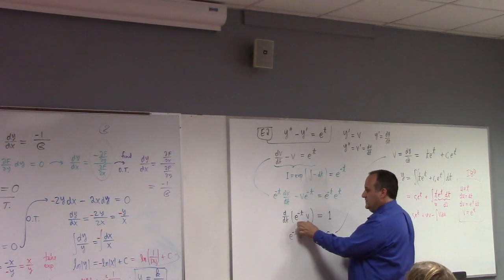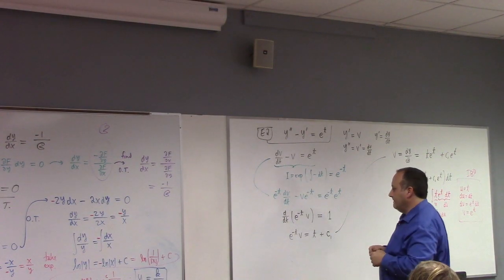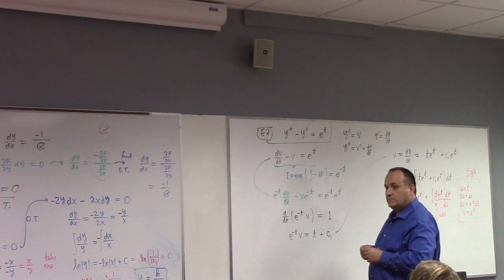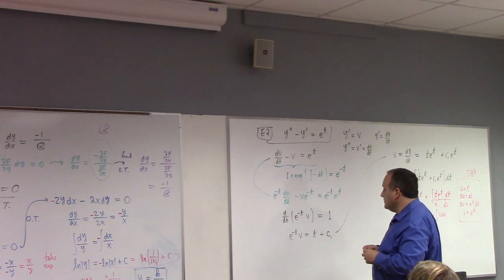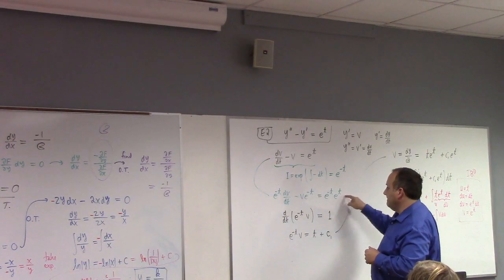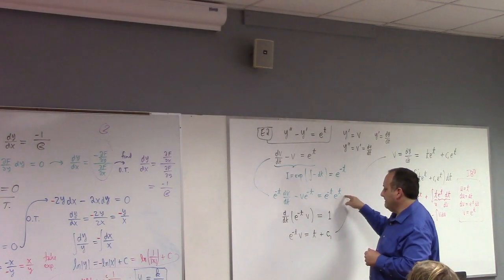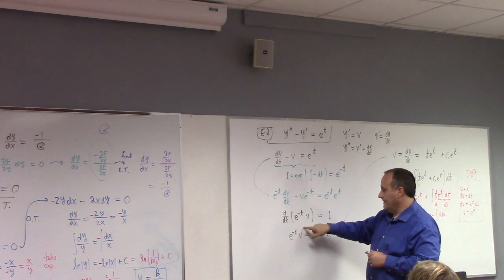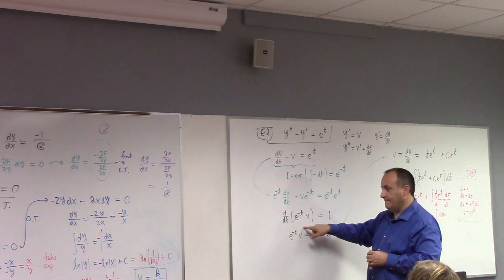So differentiate this. Because I see on the left side the blue line, you turn that into negative e to the t dv/dt, you turn that into negative e to the t v, and then you have the d/dt left over.